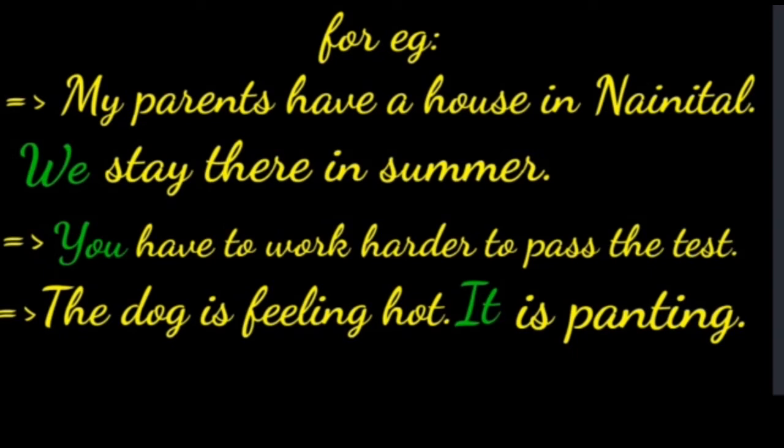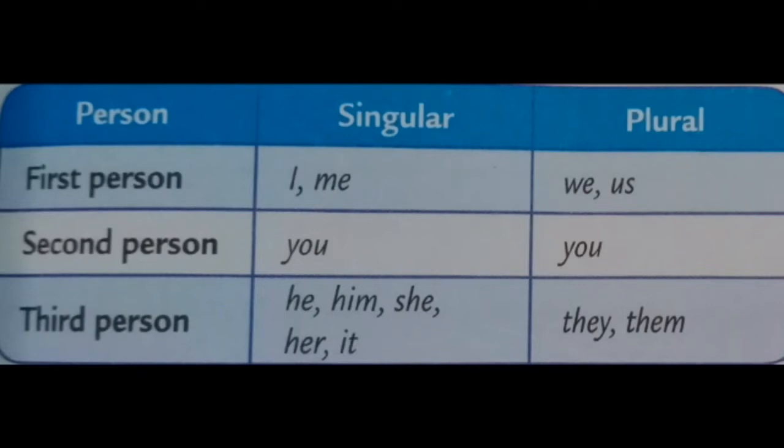Here the pronouns we, you and it are used in place of the names of people and animals. Personal pronouns have both singular and plural forms.